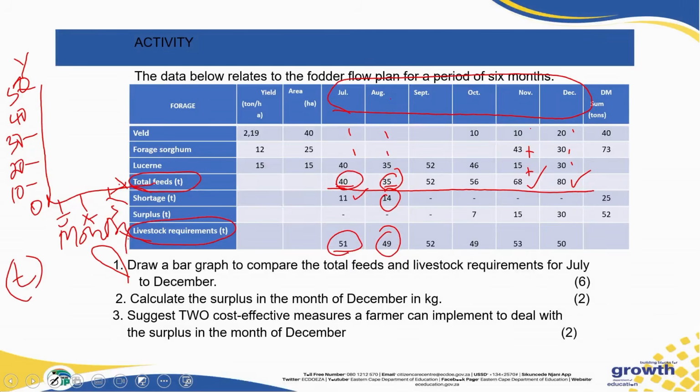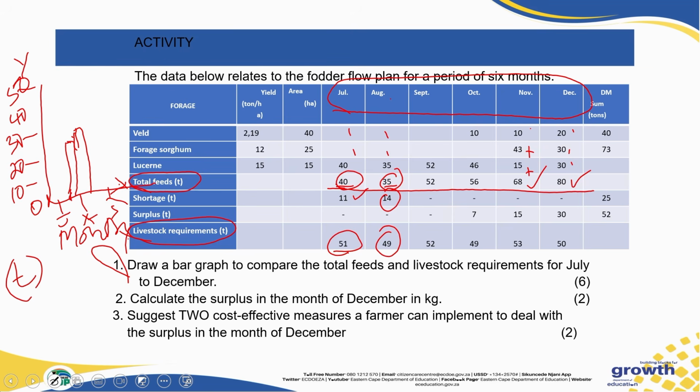You just combine the graphs that are in question. So it will be the graph for total feed and the livestock requirement. They will be combined because you are comparing the two.